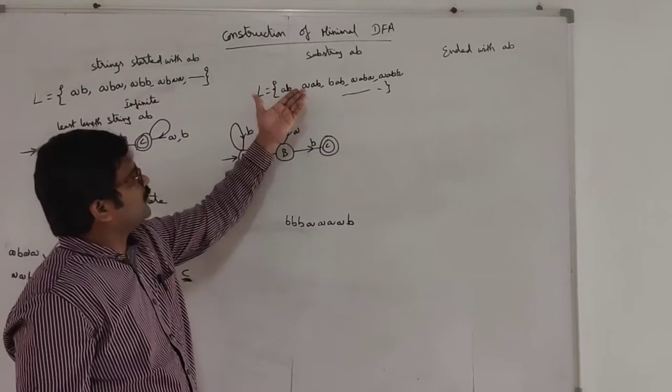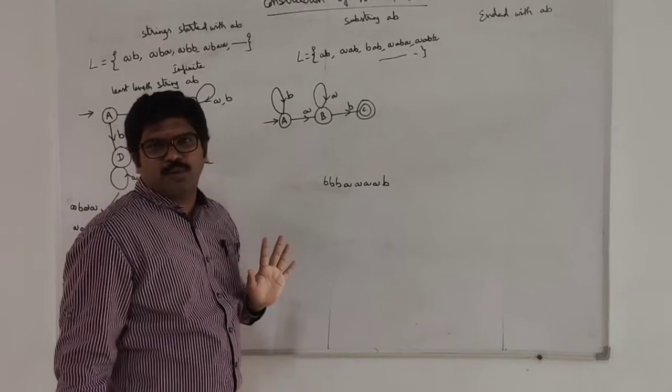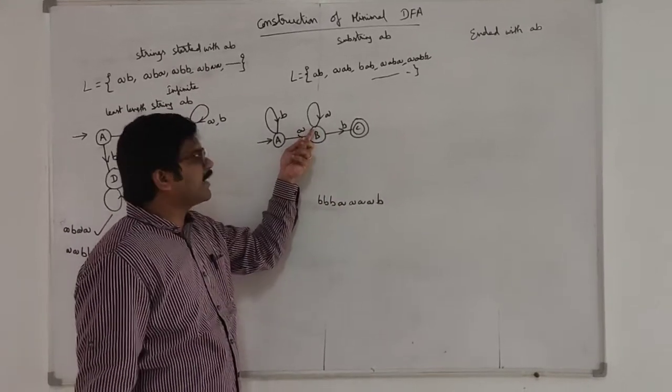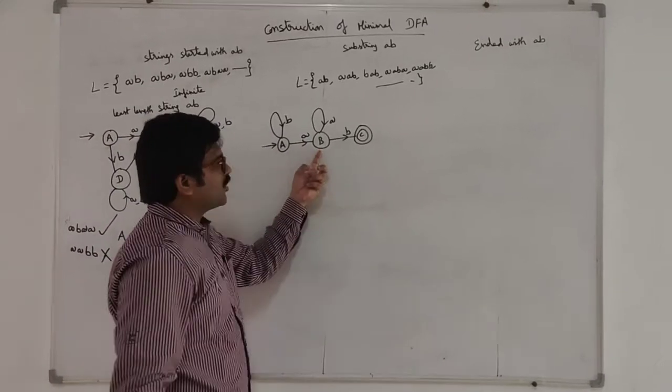That's the topic here: the substring AB. Wherever it is, we don't have any problem. That's the reason you can give the self loop here. Now the state is also complete.